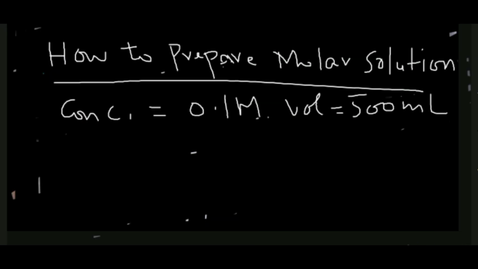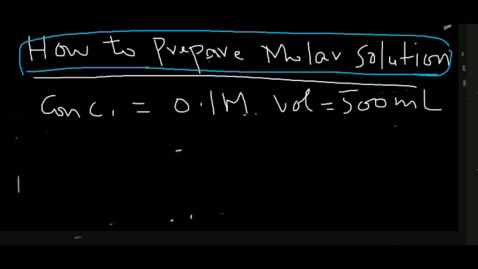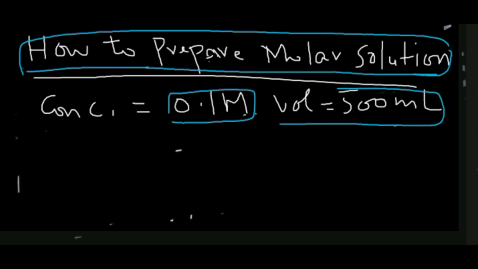Now we will discuss how to prepare molar solutions. I will tell you an easy way to prepare a molar solution. For example, we want to prepare a molar solution of concentration 0.1 molar and volume 500 ml.